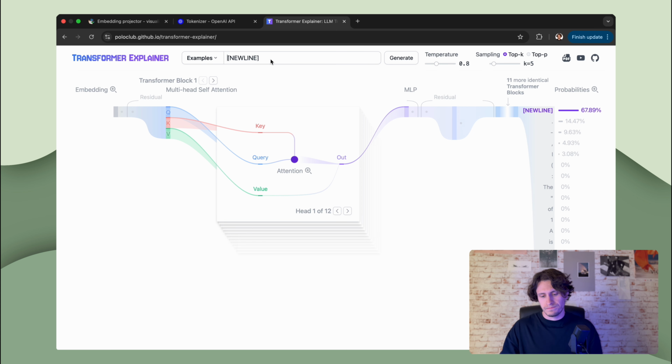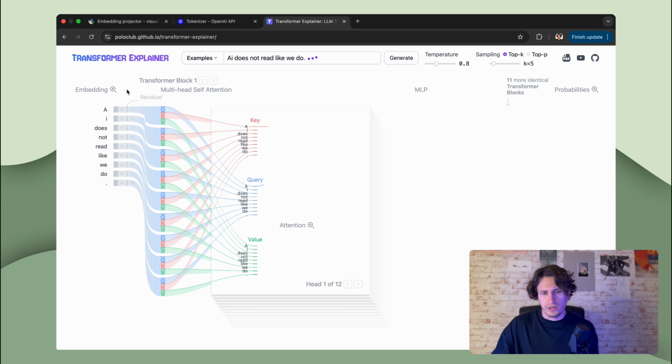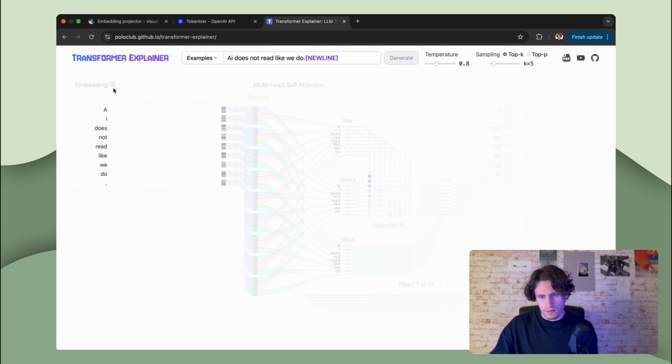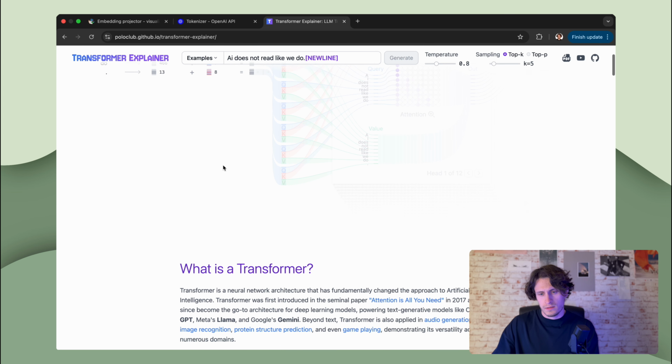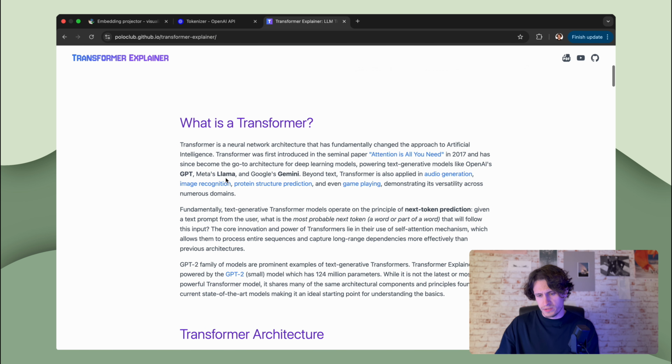So let me make it more visible with an example. Let us type just the same sentence. Okay. I will hit generate to see how it processes. For demonstration purposes, it uses the GPT-2 model.